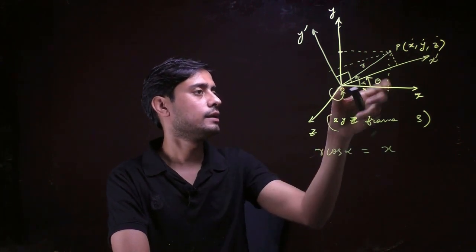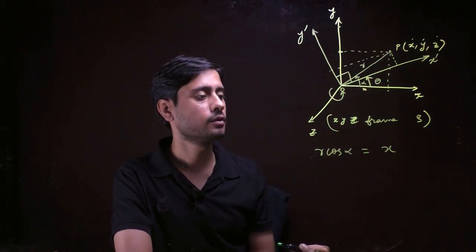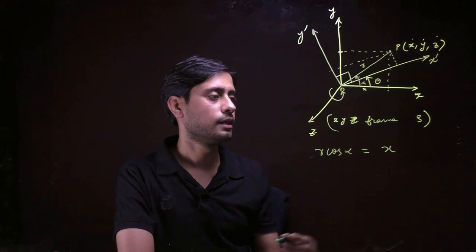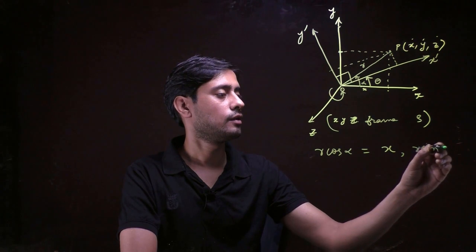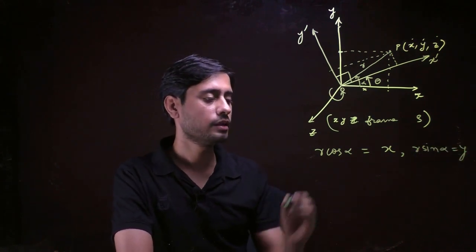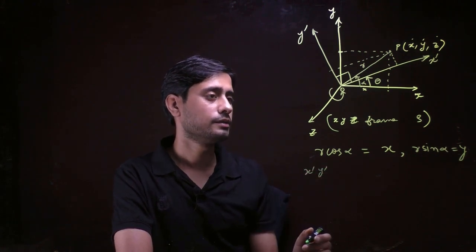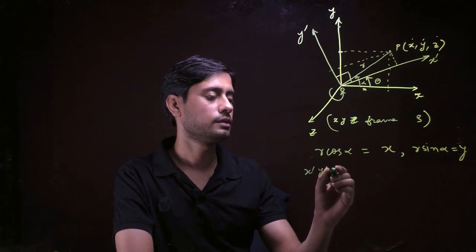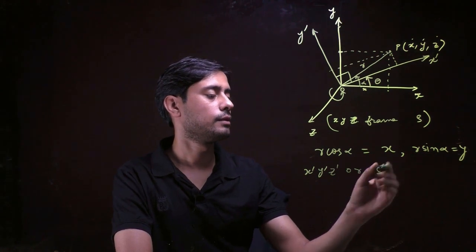This is the base and this is your hypotenuse. Base upon hypotenuse would give you cos alpha. So r cos alpha equals x, and similarly r sin alpha should give you y. Now in x prime, y prime, the z axis is not changing, but still we will call it the z prime or the S prime frame.